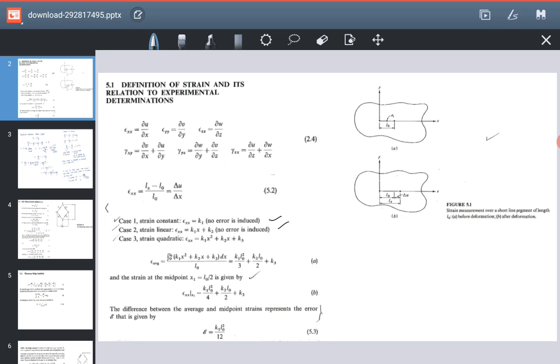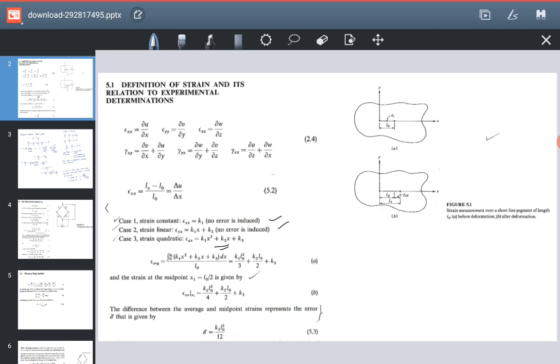However, in case 3, it is also present there, but the author has established that there will be some error in the quadratic change in the strain.